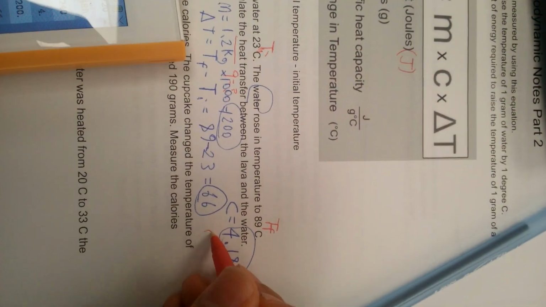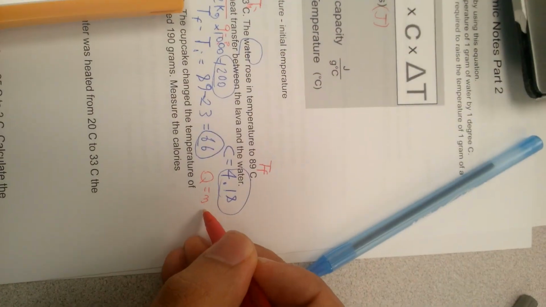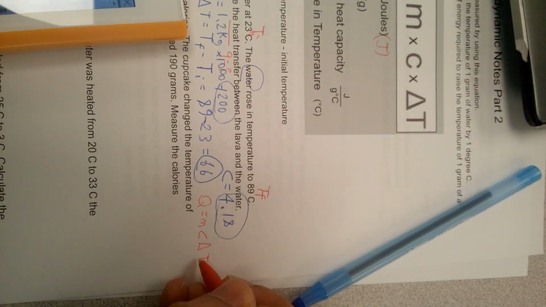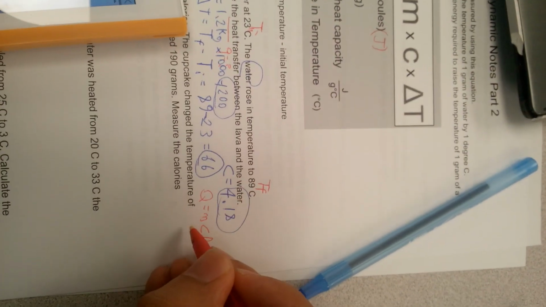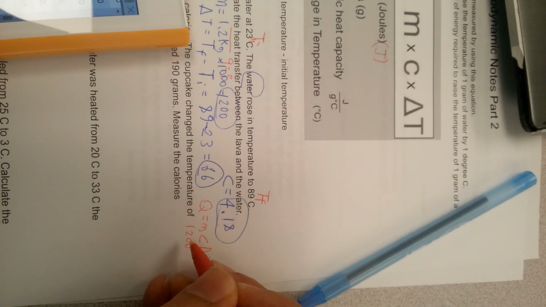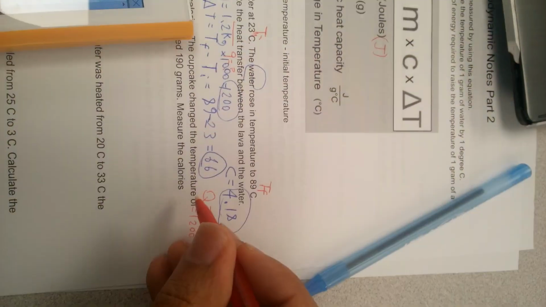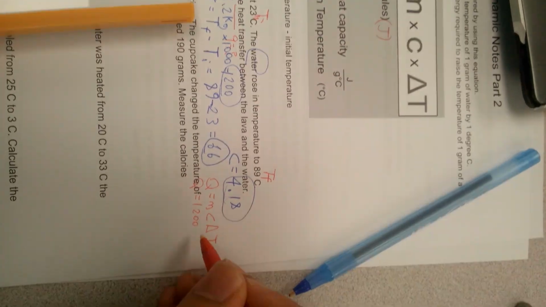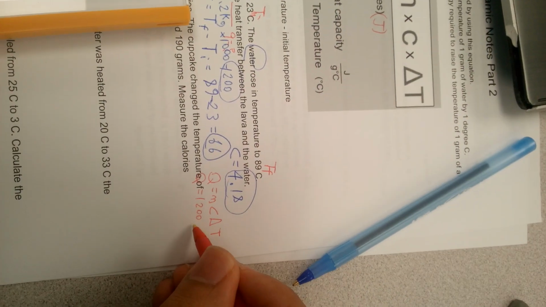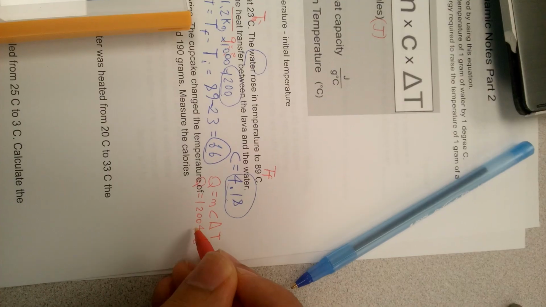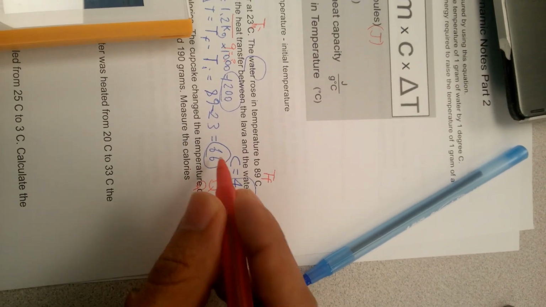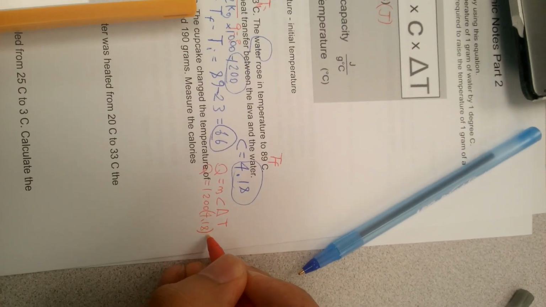So the equation is right here. M is 1,200. We don't know Q, that's the one we're looking for, so we're just going to put Q again. C is 4.18. And delta T is 66.